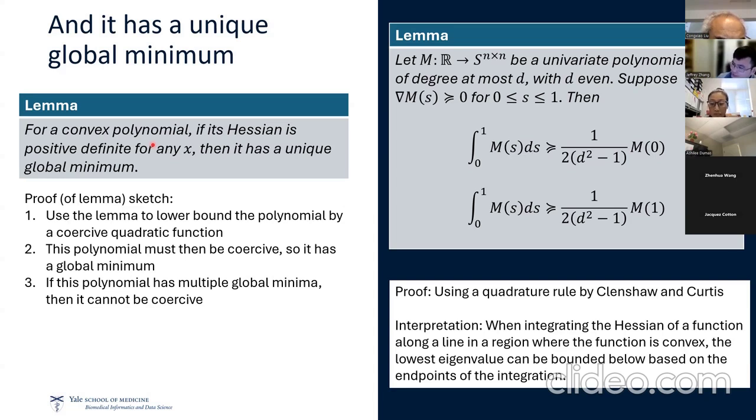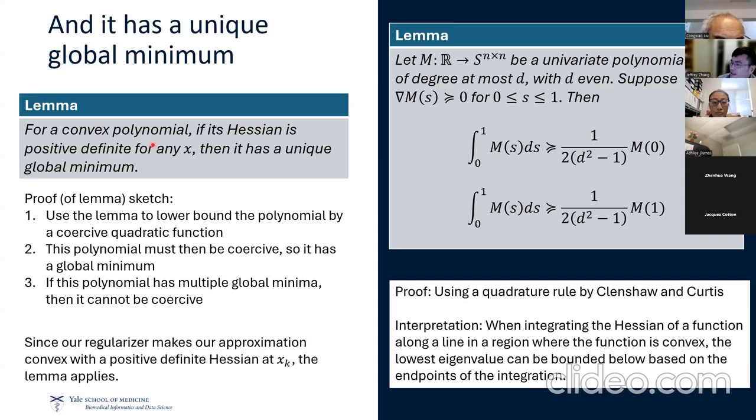And then you argue that, okay, you can lower bound it with a positive definite quadratic, so it must be coercive, and if it's coercive, it can't have multiple global minima because otherwise it would have to be constant along that line. And because our regularizer is convex, we can just go ahead and apply this lemma.